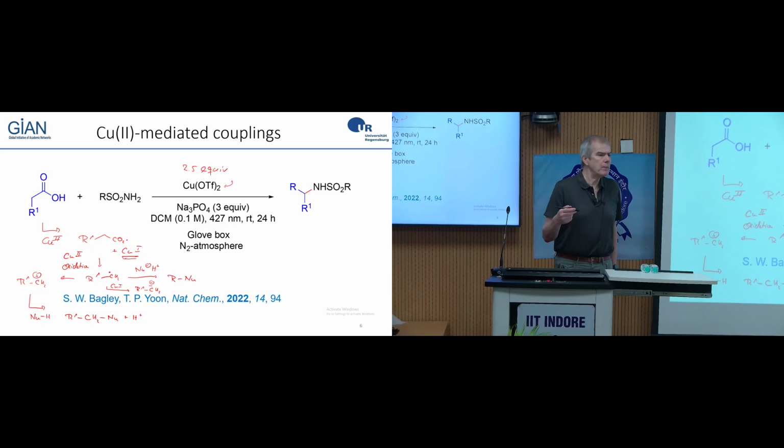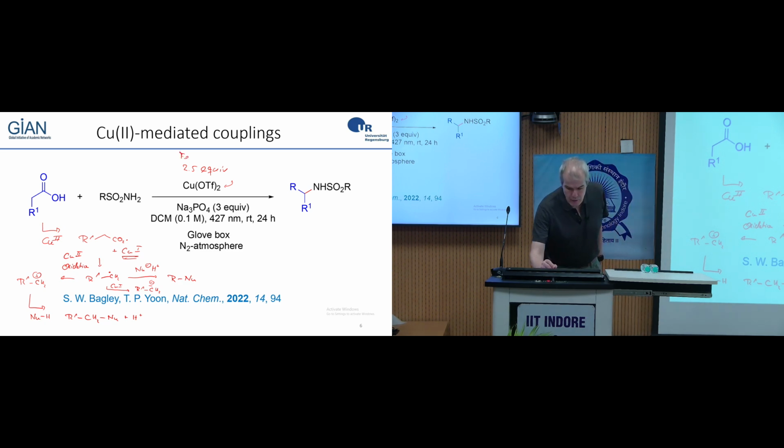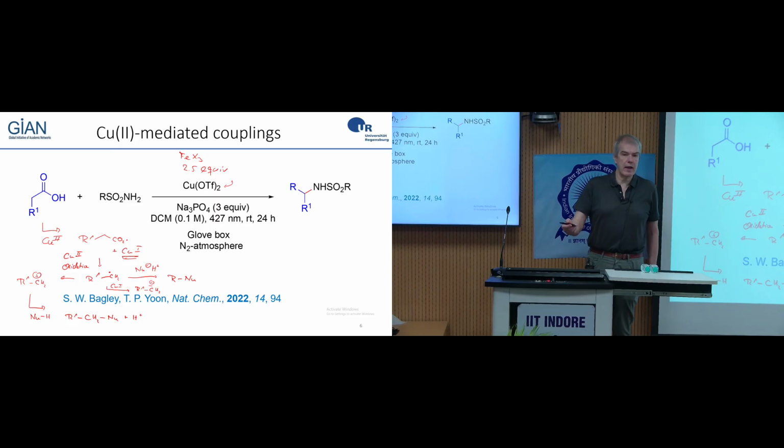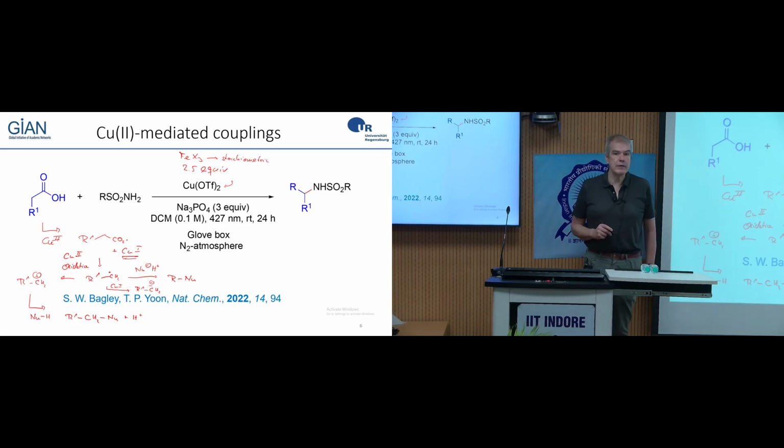You would say, okay, copper 2 might be an inexpensive stoichiometric oxidant, but even more inexpensive would probably be iron 3, right? And so he did the same chemistry again very nicely and showed that you can also use iron 3 in this, but again, very importantly, stoichiometrically. You're not able to close the cycle.